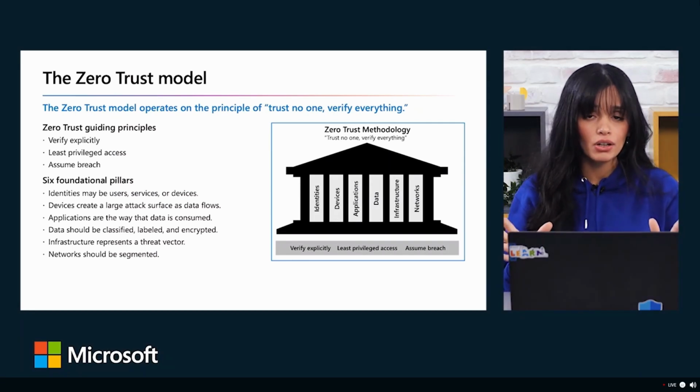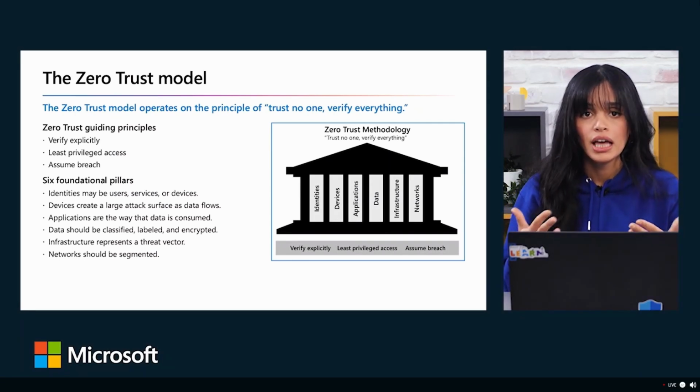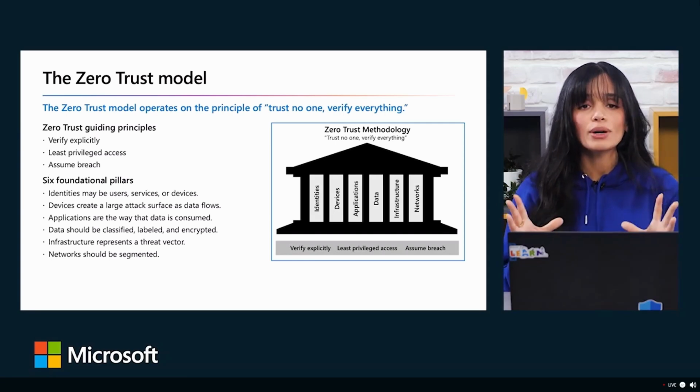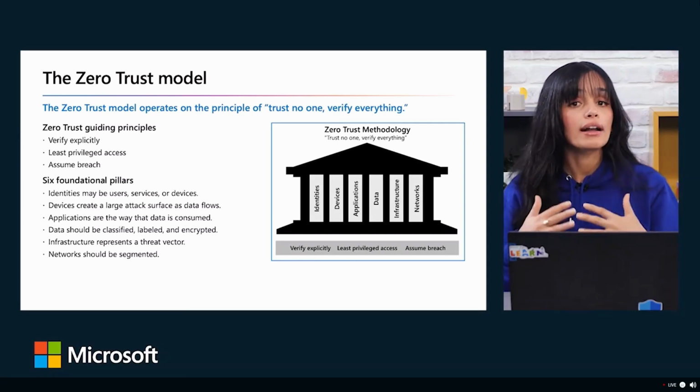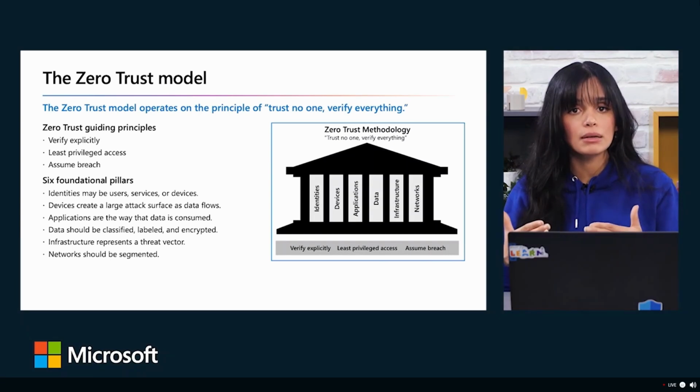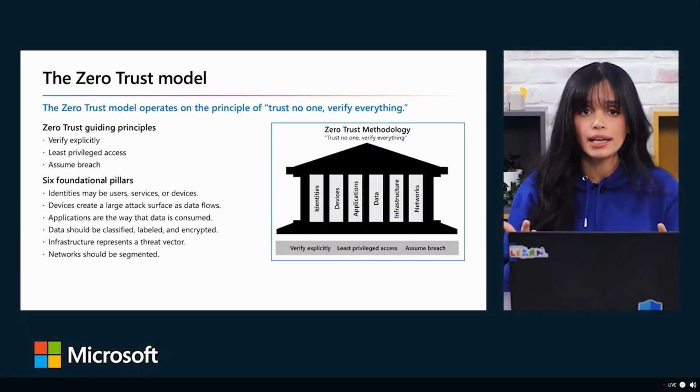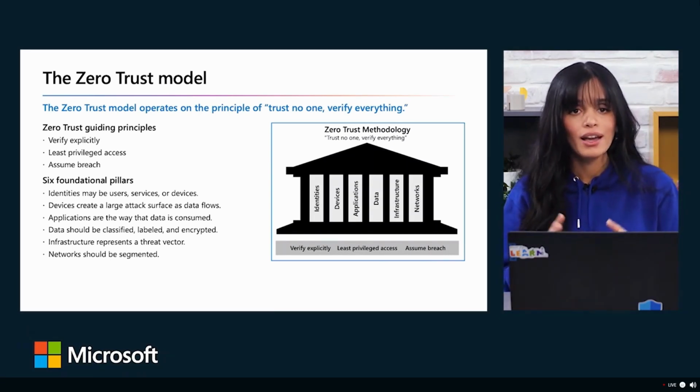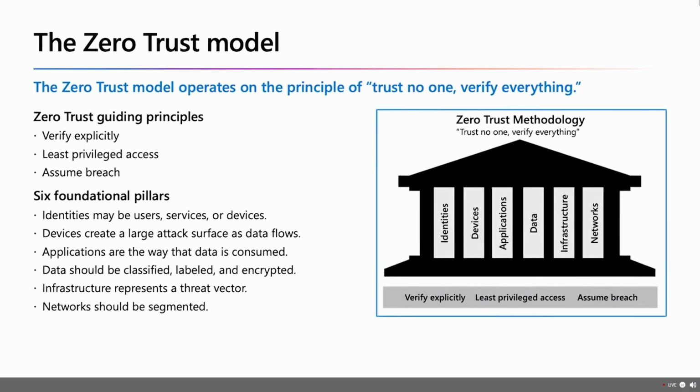Finally, in the last pillar, we talk about network. We need to make sure your network is segmented and you are able to control the different segments or different subnets within your network environment in real time and monitor this data.